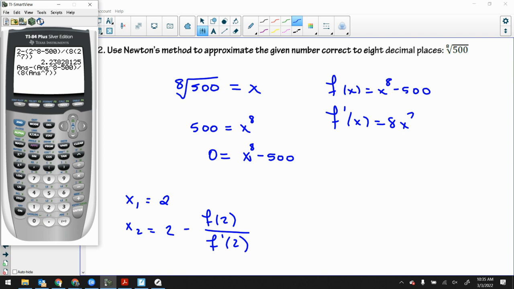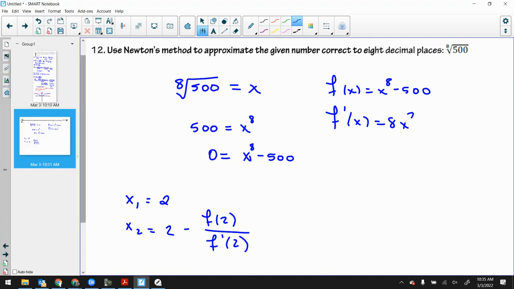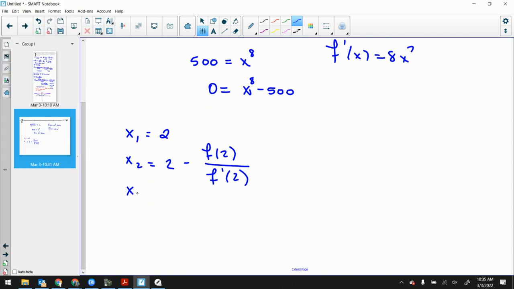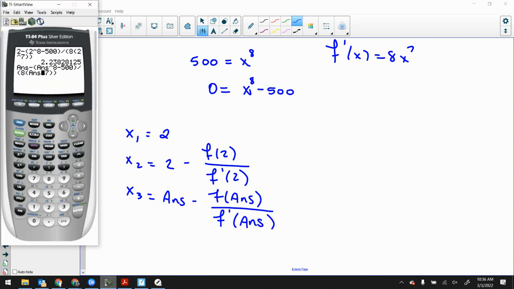Okay. Answer. See, I'm technically doing this: x3 is going to be my answer minus f of my answer over f prime of my answer. That's what I'm looking to put in my calculator. Okay, I'm still not even a tenth the same, but now I don't need to re-plug it back in because it's just going to automatically use that value.